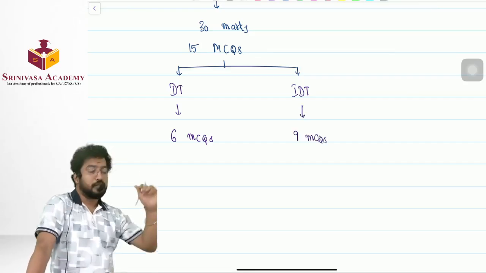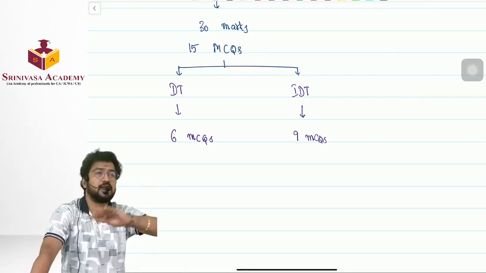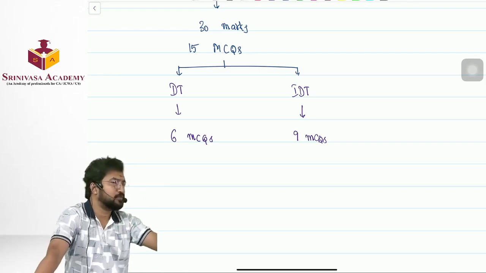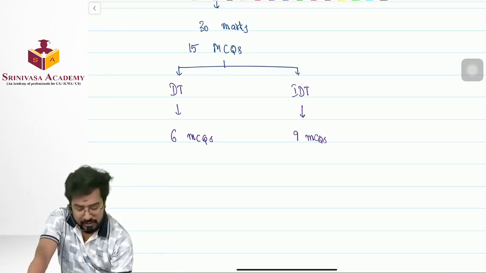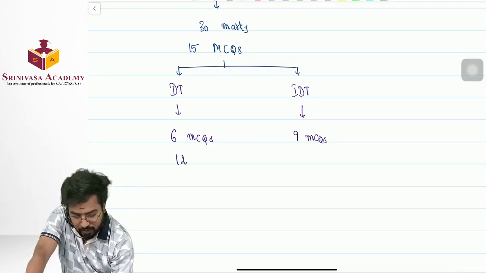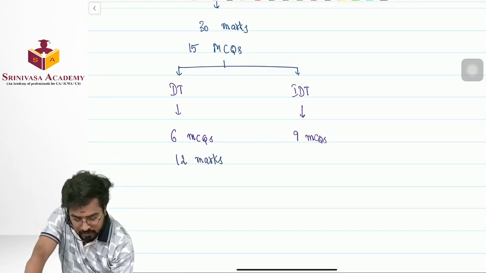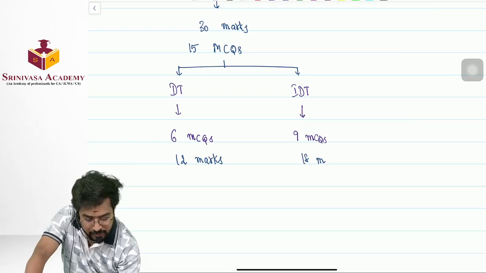This is the paper pattern of almost the last 4 attempts I am talking about. So in MCQs, direct tax has 12 marks and indirect tax has 18 marks.